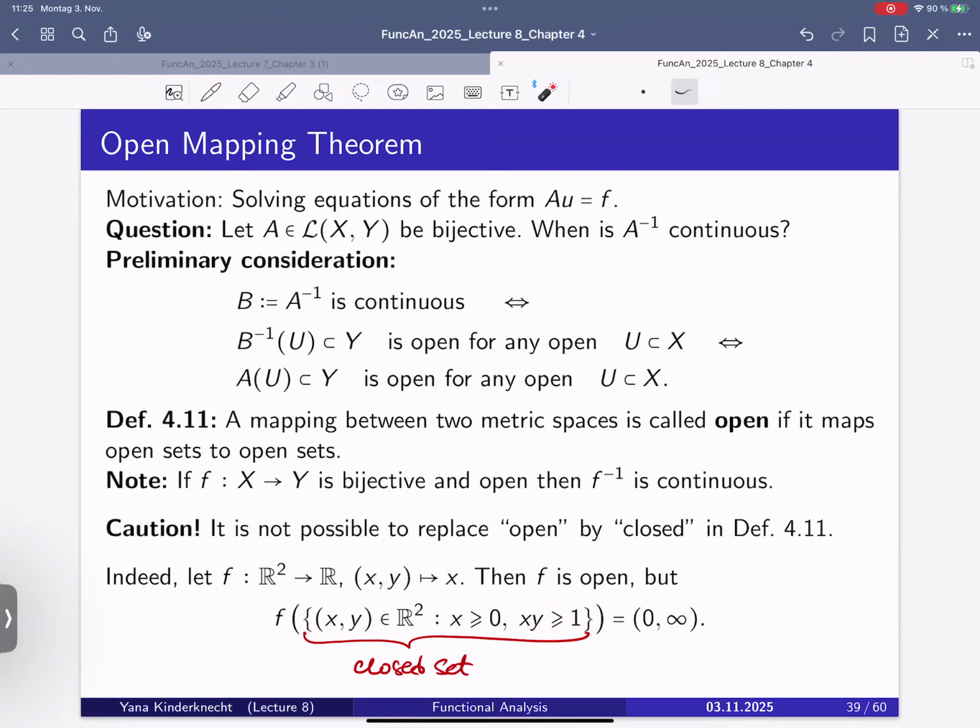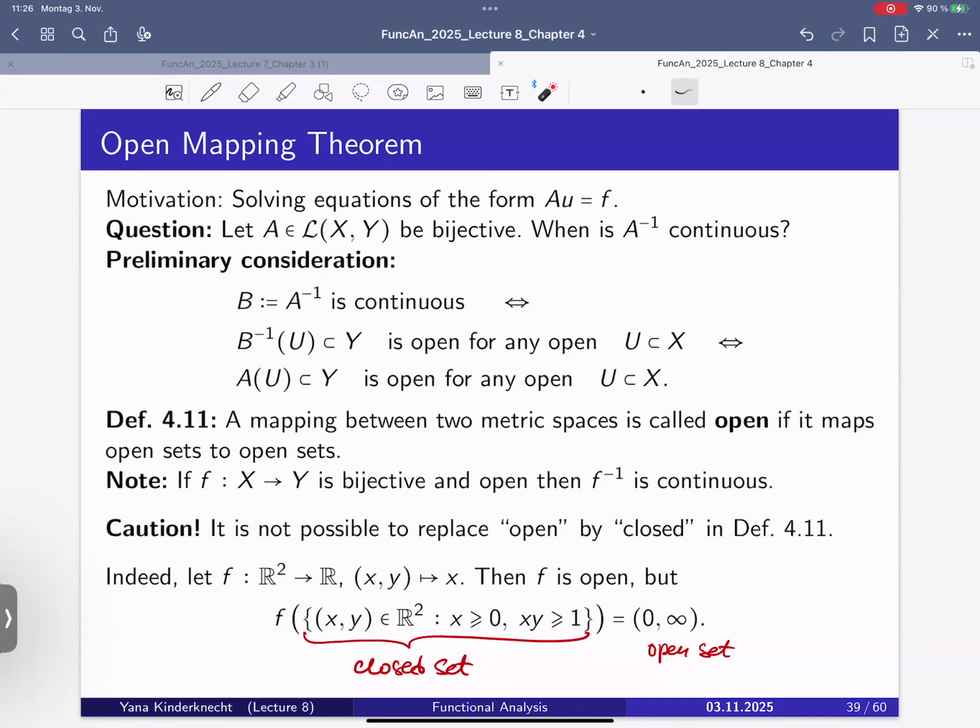And one can check that the projection to the first coordinate of this closed set gives us this interval. So this is an open set in R. Hence, you see, we cannot say that the mapping is open if and only if the image of any closed set is a closed set. This is not true. This is a counterexample.